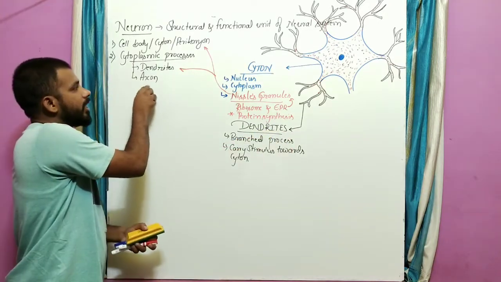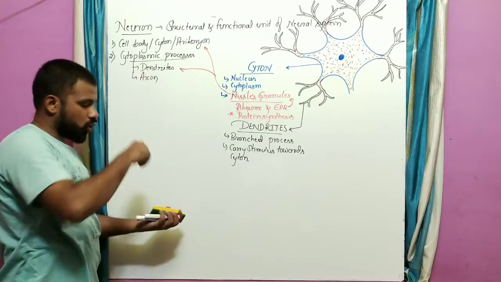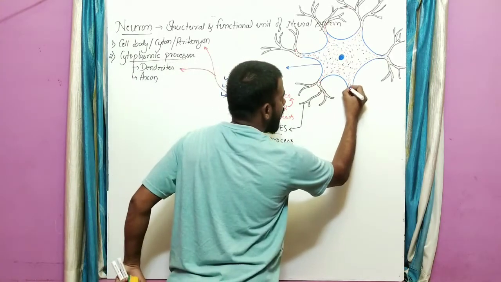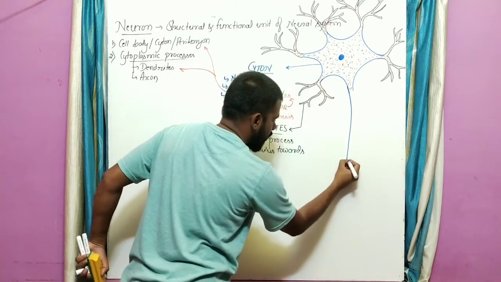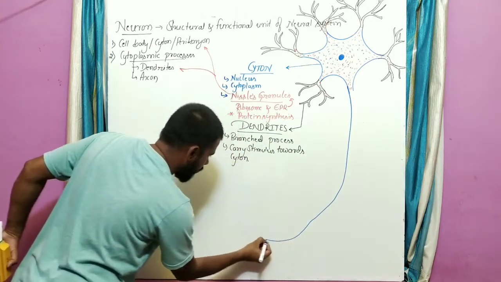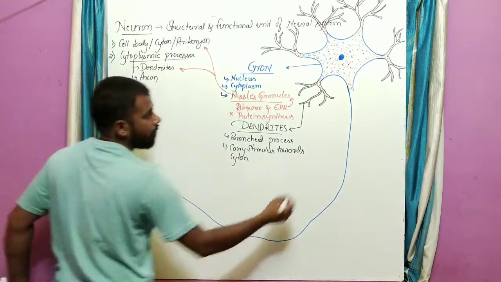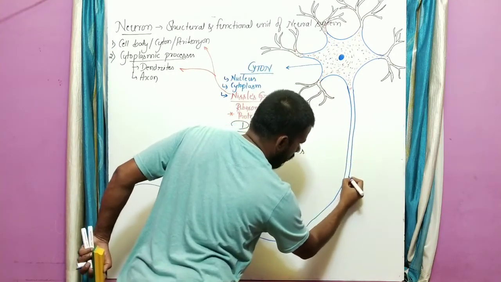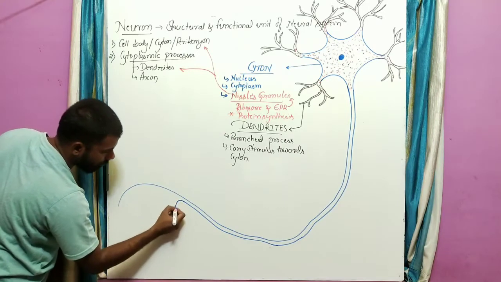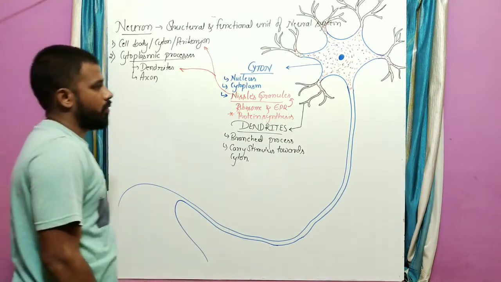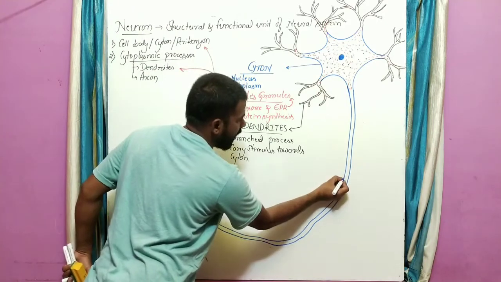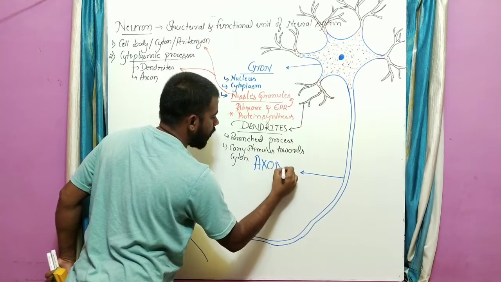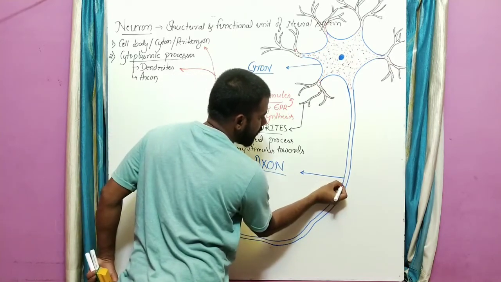The next cytoplasmic process is the axon. Axon is a long unbranched cytoplasmic process, as you can see here. This one is the axon. Axon has a membrane.